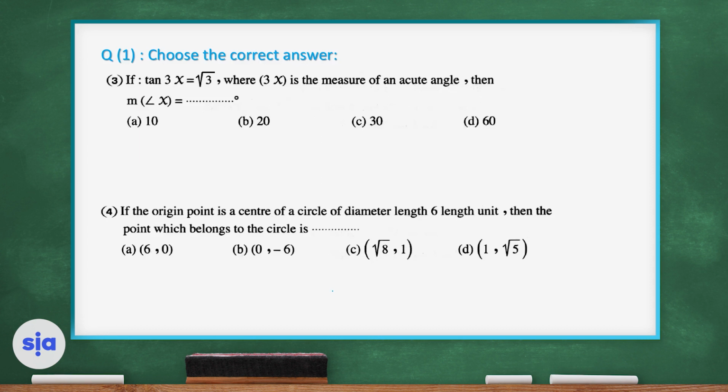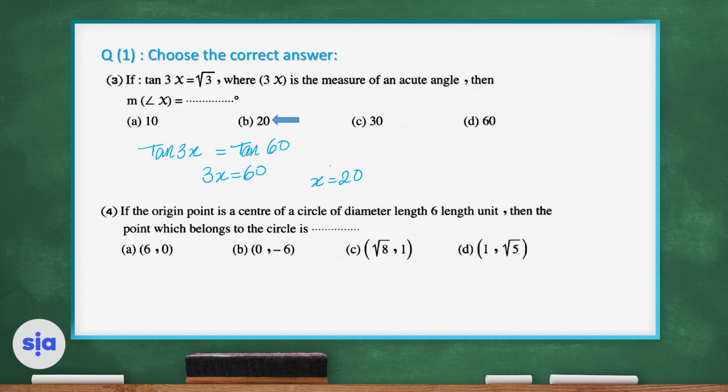Tan 60 equals square root of 3. Here, tan 3x is the same as tan 60, so 3x is equal to 60, then x equals 20. So the right answer in question 3 is choice B.